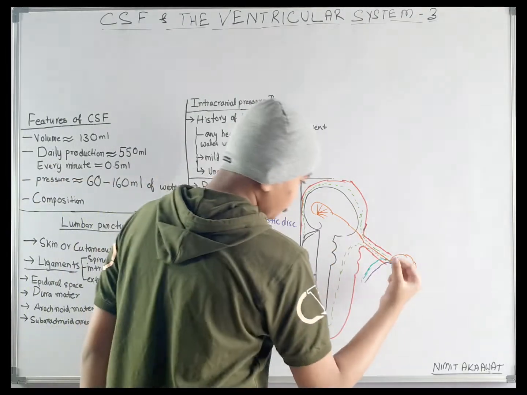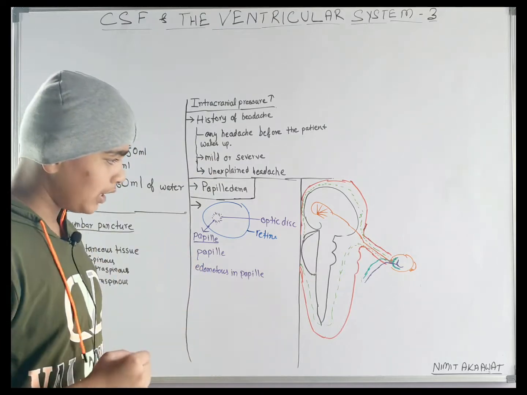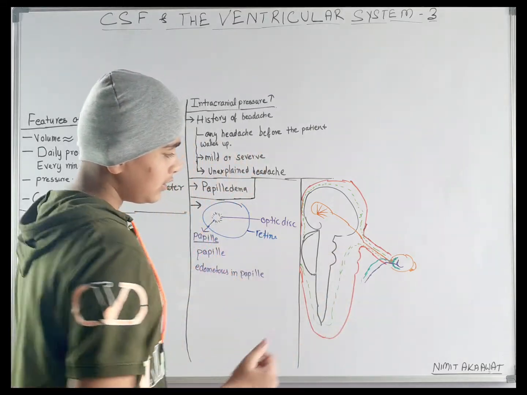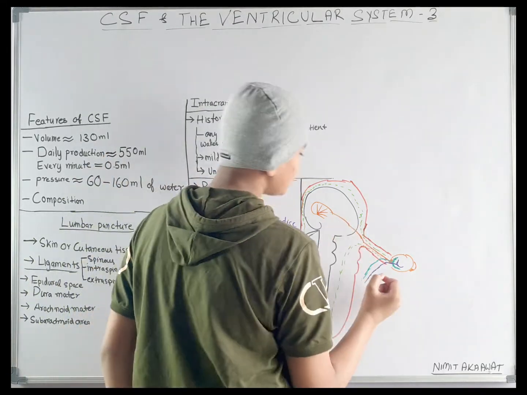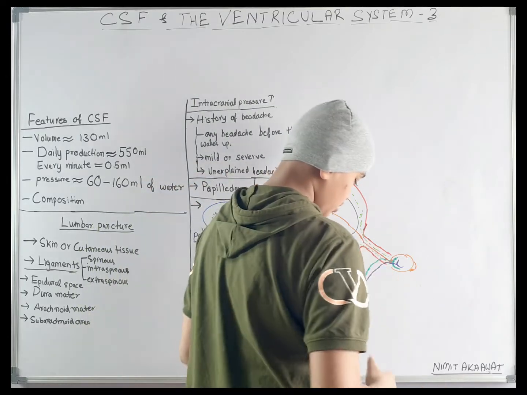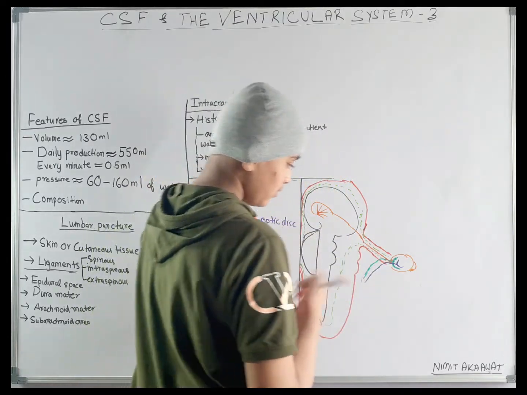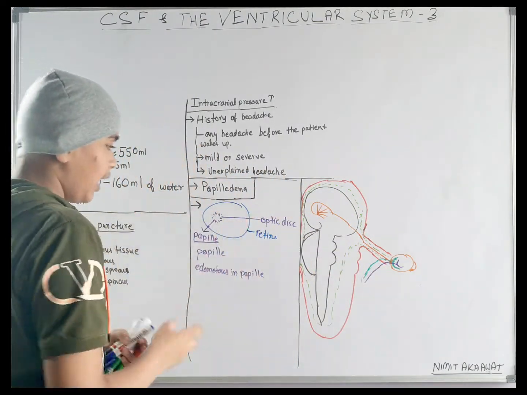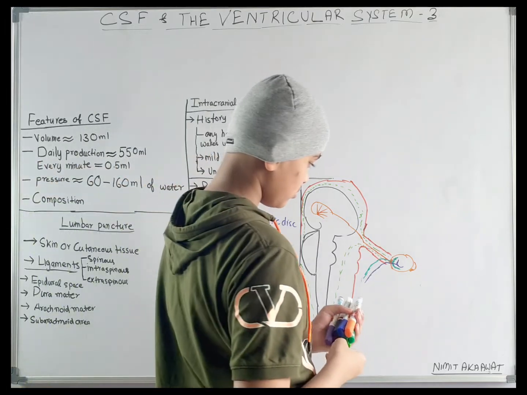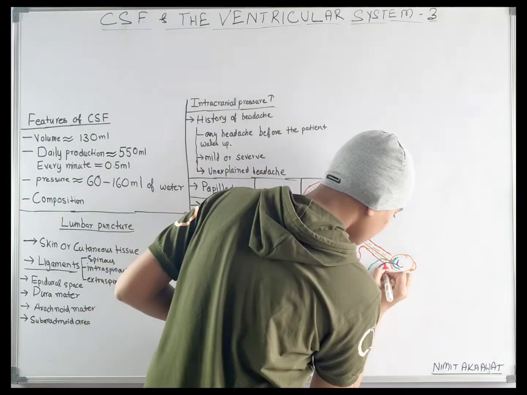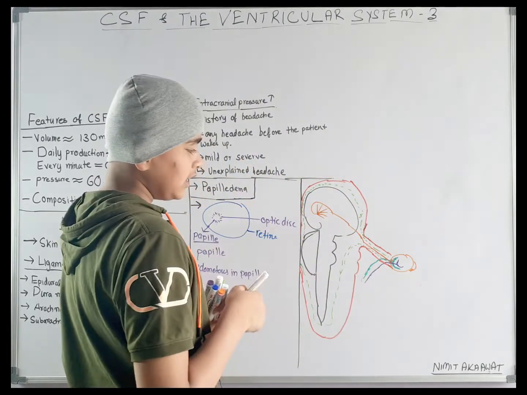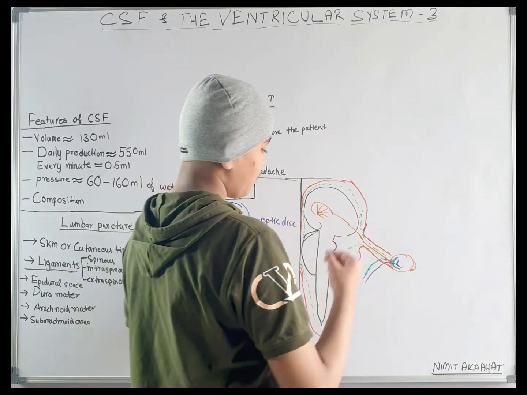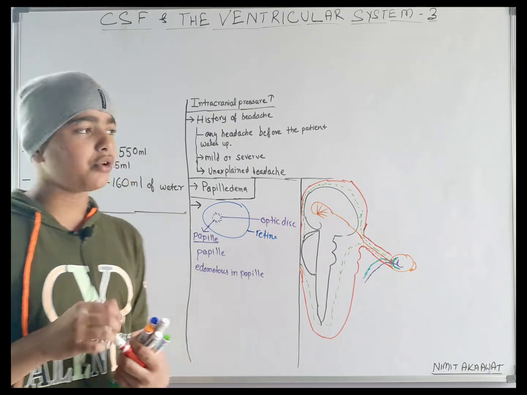But the blood pressure in veins is lower, and that is why when these veins drain the blood from the retina, these veins are compressed because of high intracranial pressure. And this is why papilledema occurs, because these central retinal veins are compressed by the high pressure of cerebrospinal fluid in the subarachnoid area.